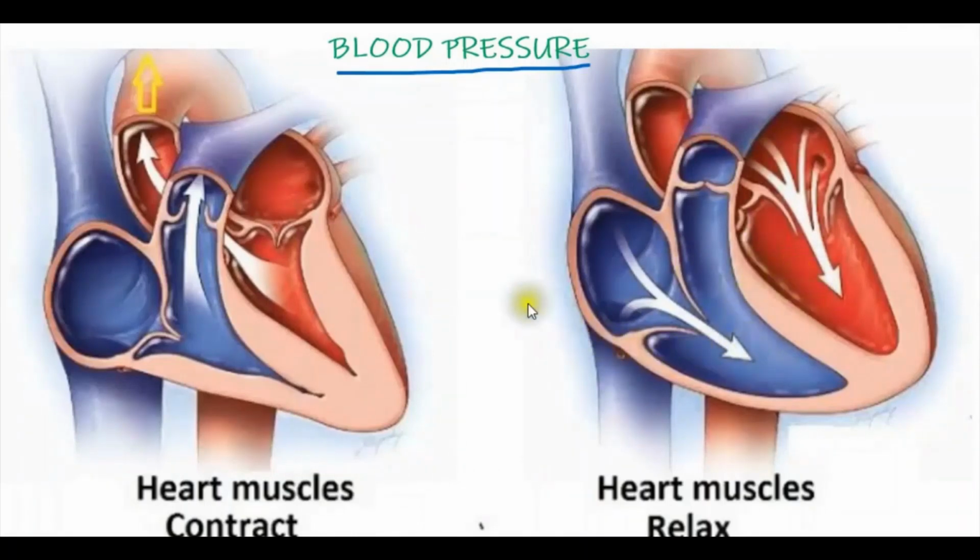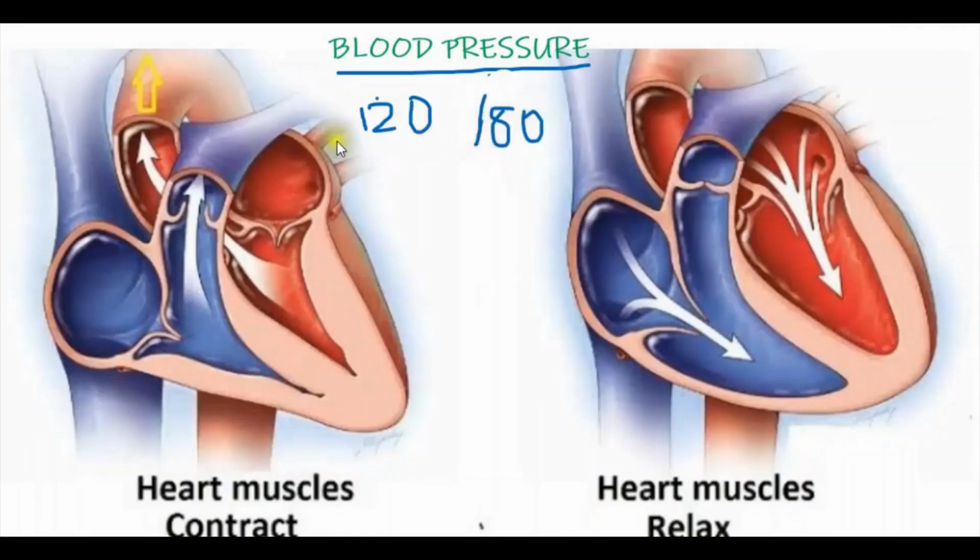Diastolic pressure. Now in a normal person, the blood pressure is 120 by 80. Understand? Yes. So what is the normal blood pressure? Normal blood pressure is 120 by 80.